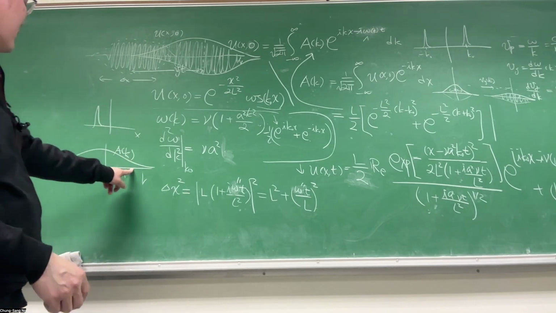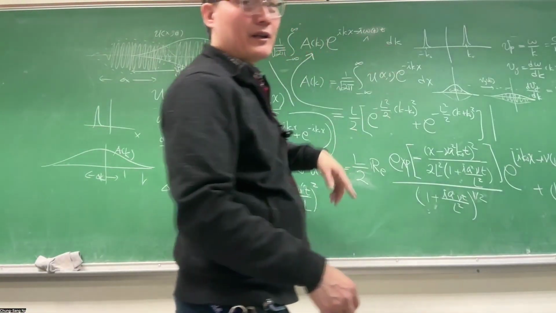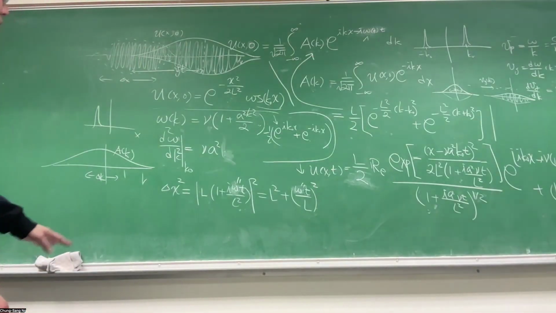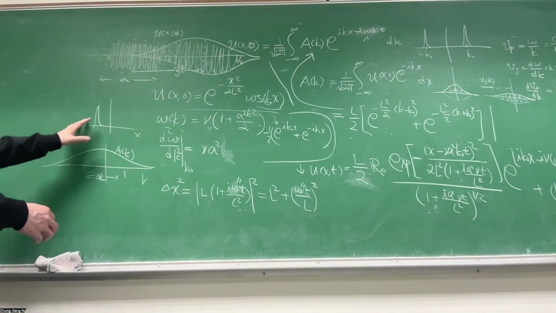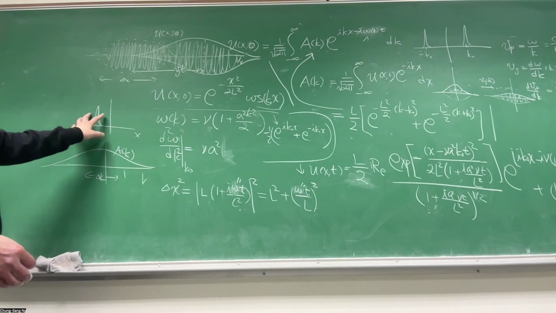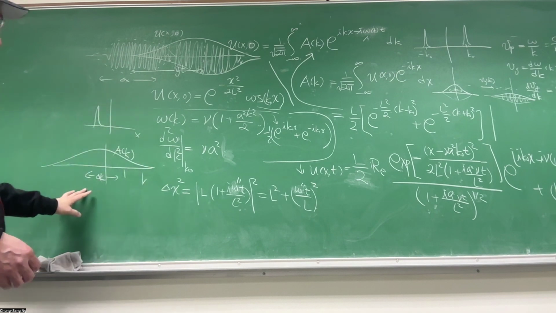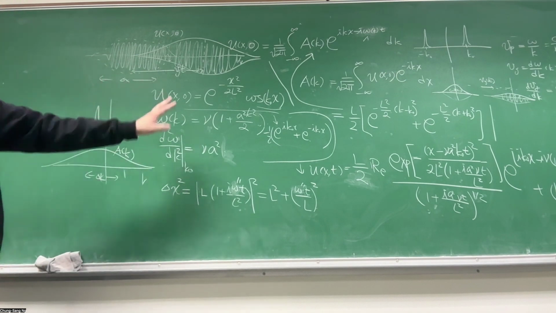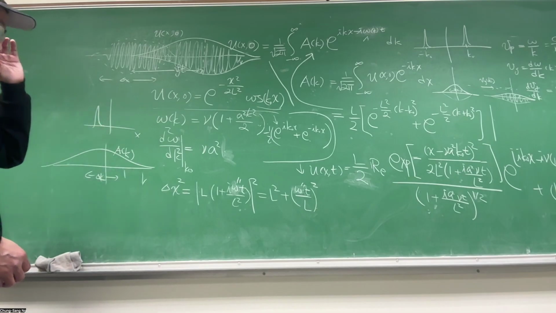Then over this broad range of k, the Taylor expansion of omega as a function of k will not be valid. So how all this changes will depend on exactly what the dispersion relation is. It's getting complicated, so all this argument might not work, and you have to be a little careful.